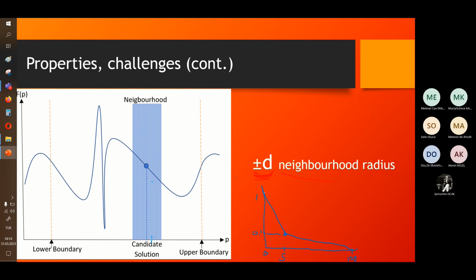So I have drawn a piecewise linear function here. Between 0 and 5, it has a steep slope. It is decreasing from 1 to 0.1 while the horizontal axis changes only 5 units, and the vertical axis is dropping from 1 to 0.1. But after that, over 45 units, it is decreasing only 0.1.